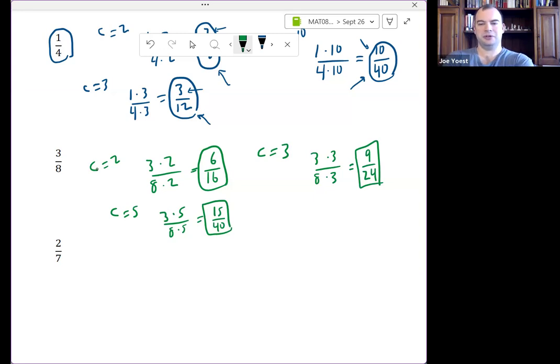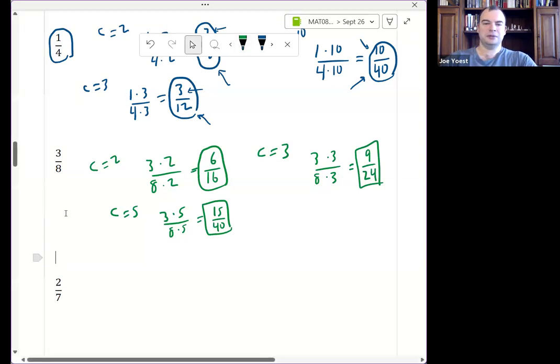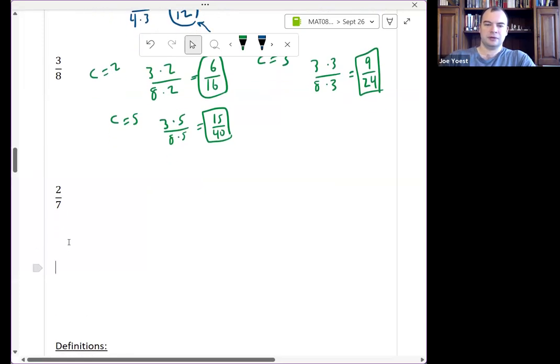These are all equivalent fractions. These all represent the same number. These are all equal to one another, is another way to say that. 3/8 is the same as 6/16. 3/8 equals 6/16, which equals 9/24, which equals 15/40, and so on.